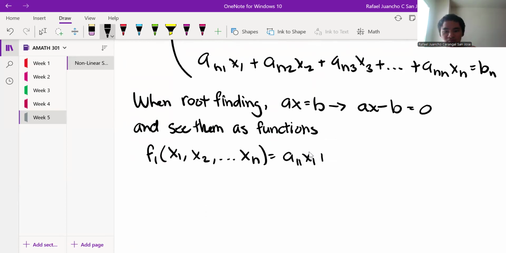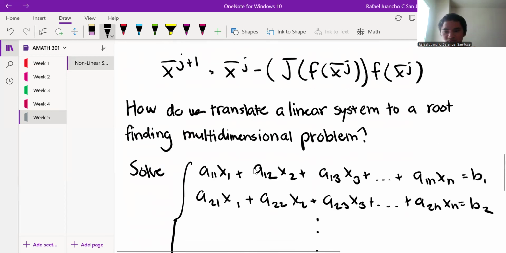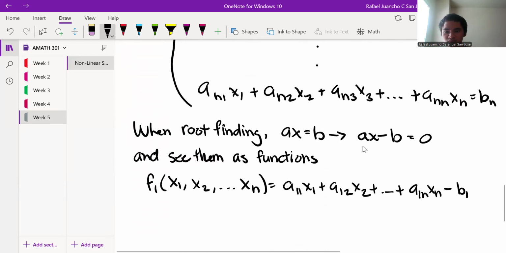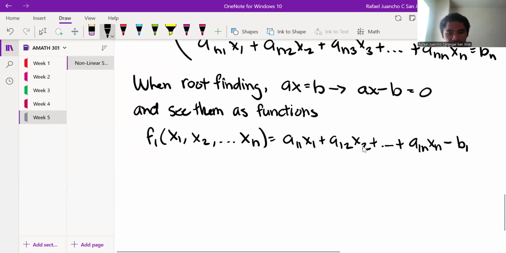So 1, 1, 1, 2, all the way to n, minus bn.